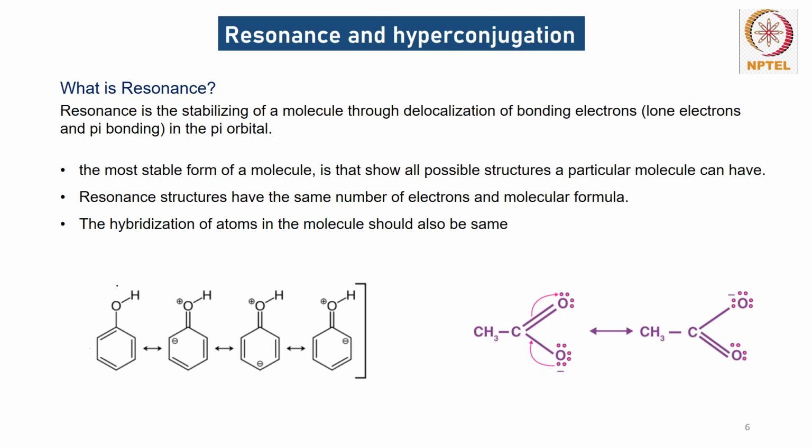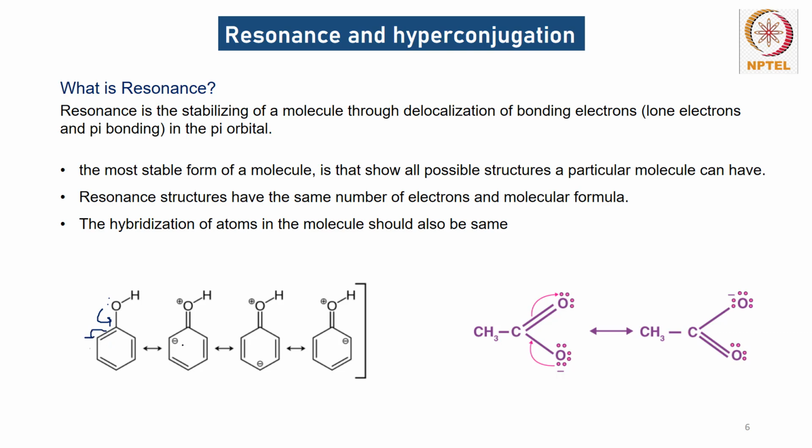What will be the criteria of this resonance? You see, this is a phenol system. I have shown the resonating structures of this one. How does it go? This electron comes here and moves to this position.